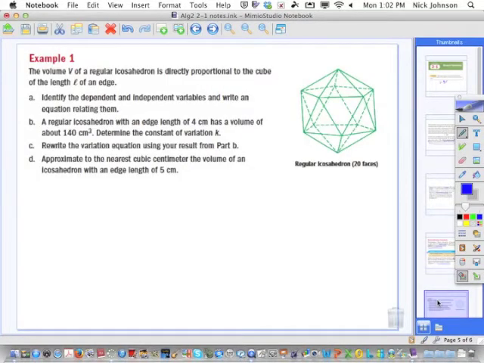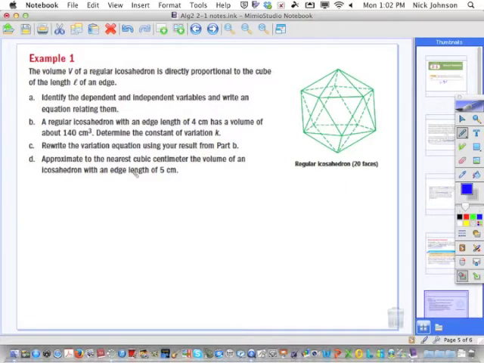Let's look at example 1. The volume V of a regular tetrahedron is directly proportional to the cube of the length L of an edge. Identify the dependent and independent variables and write an equation relating them.